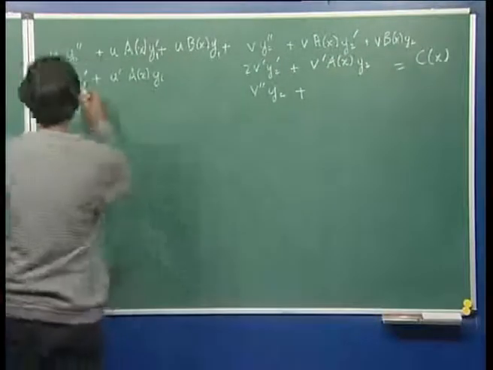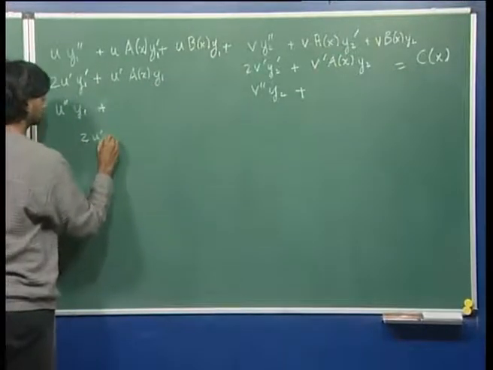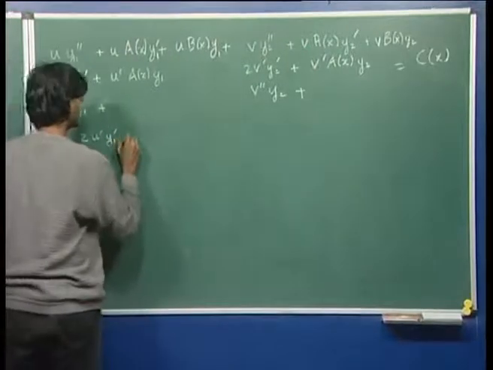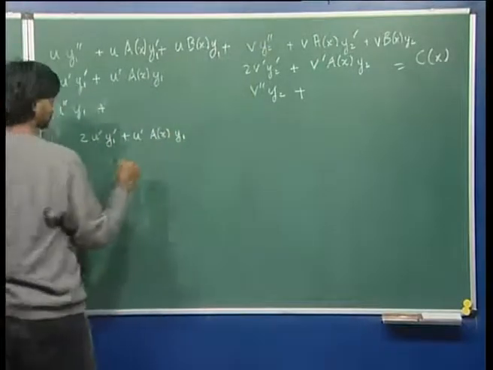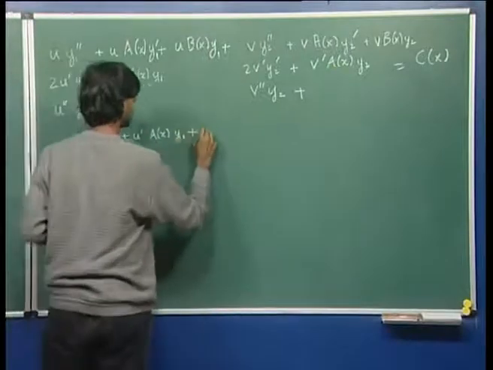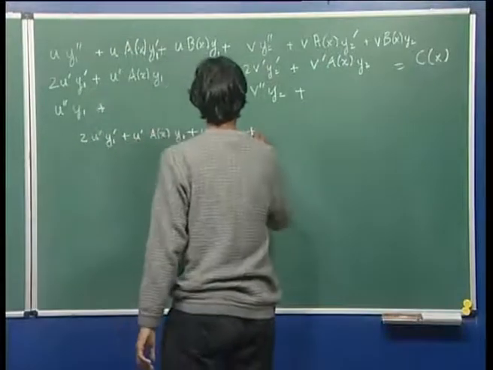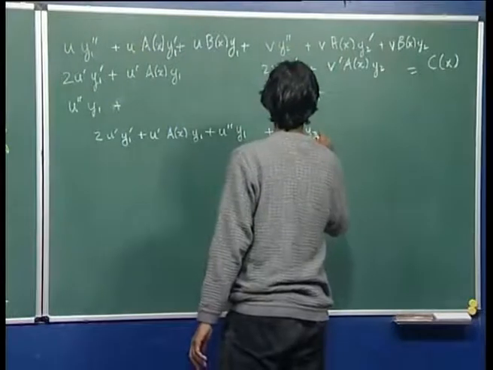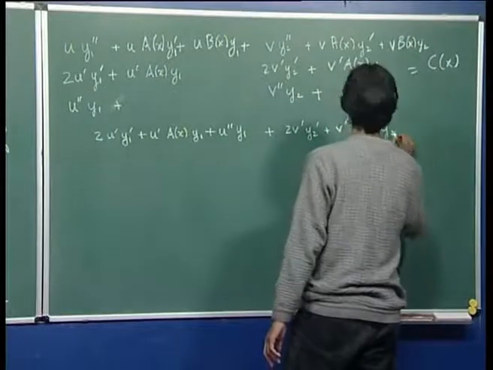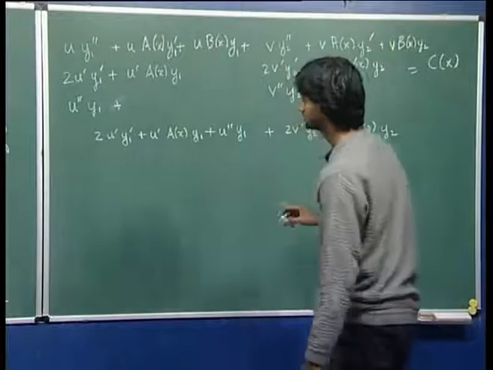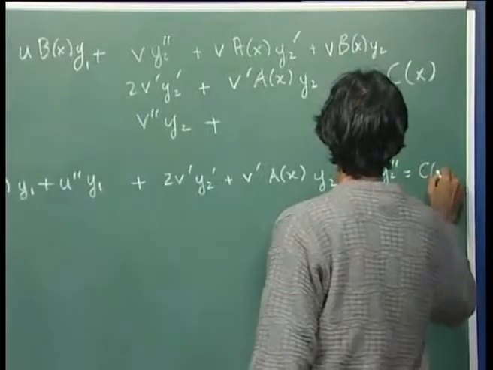So then what you are left with is this sort of equation: 2 u prime y1 prime plus u prime a of x y1 plus u double prime y1, and then you have plus the corresponding terms with y2, plus v, c of x.